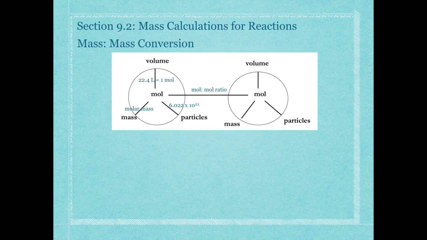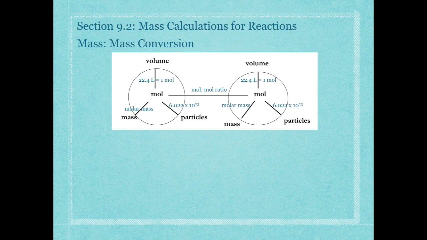Now everything else is the same. So I go from mass to moles, moles to moles, and then I can go from moles into volume by using 22.4. Or I could go from moles to mass using molar mass, or I could go from moles to particles using Avogadro's number. So the only added step in this section is your mole-to-mole ratio, which is just your coefficients.